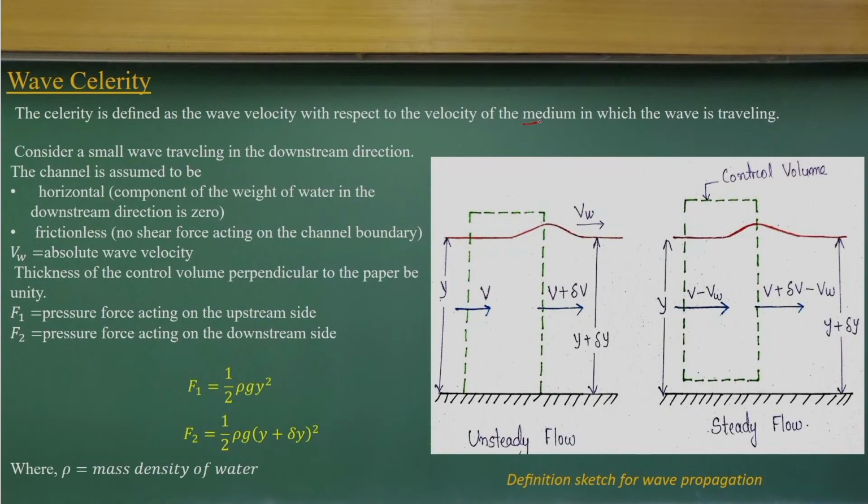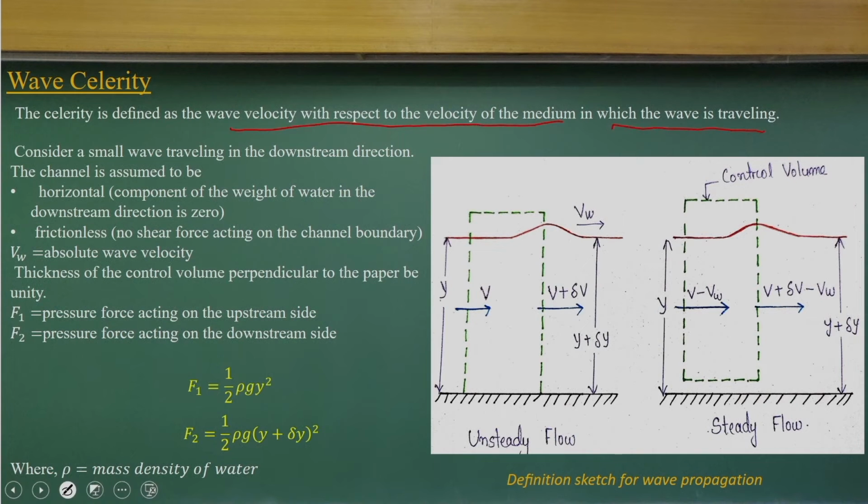Let us go for a simple derivation; for more detail you can go through the Open Channel Flow book by Hanif Chaudhry. But let us have the concept that we can define celerity, which is called the wave celerity. It is defined as the wave velocity with respect to the velocity of the medium in which the wave is travelling.